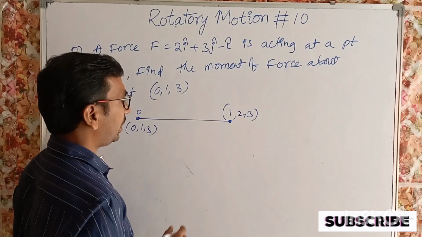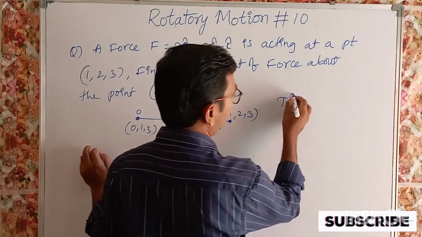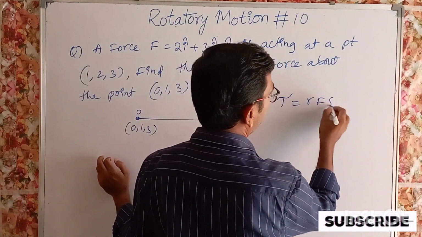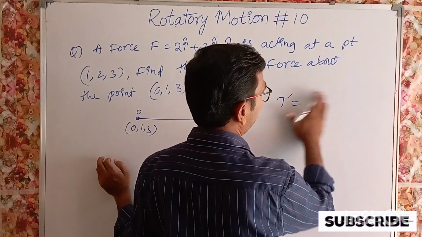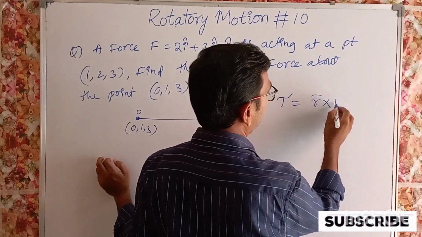So the moment of force, torque tau, is equal to r bar cross F bar.